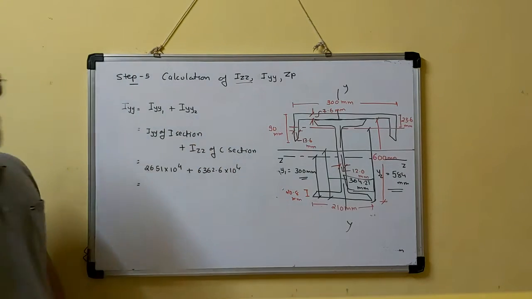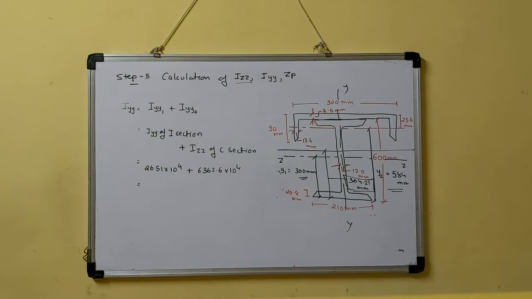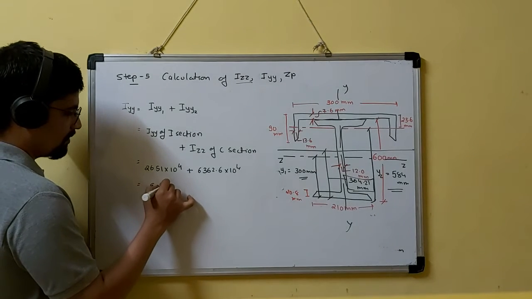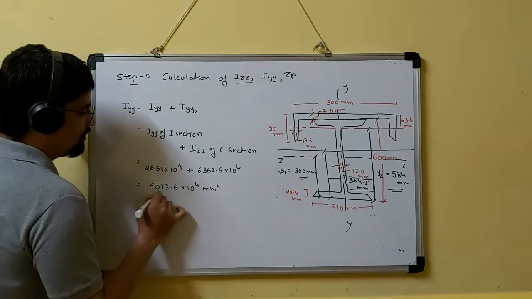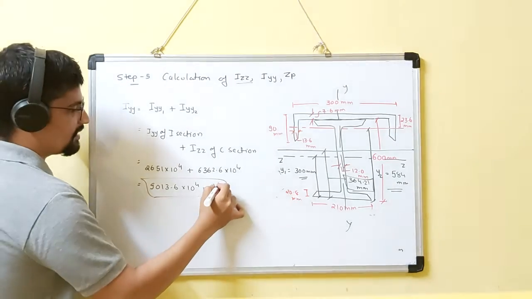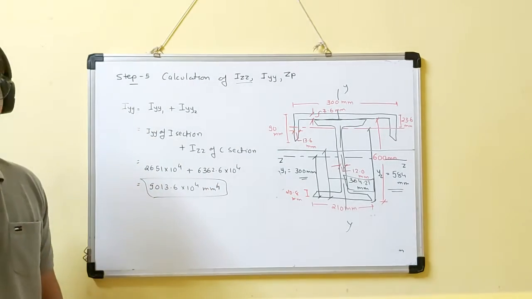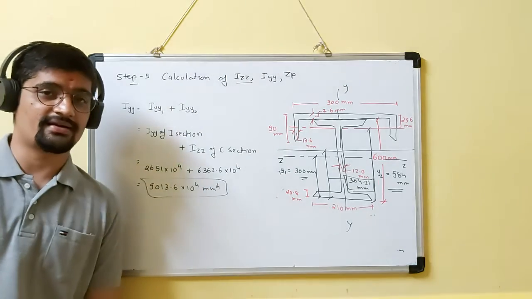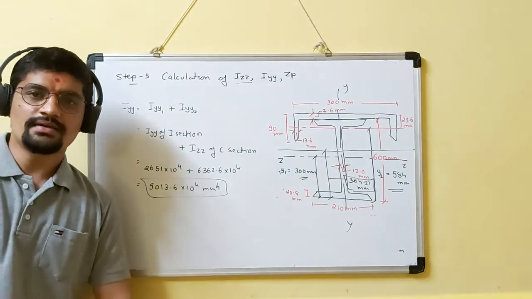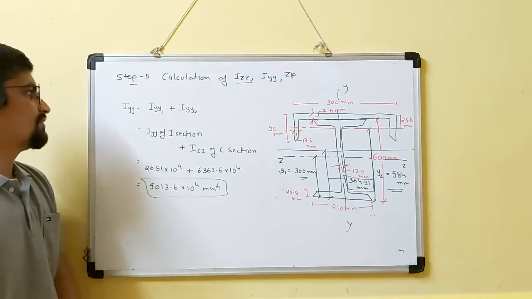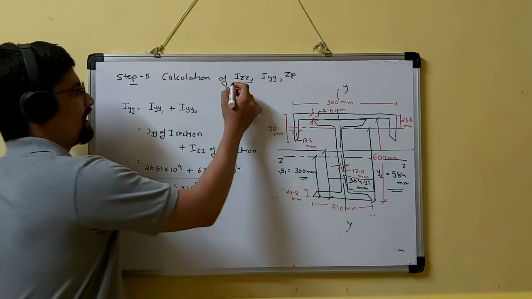So the total will be 9013.6 into 10 raised to 4 mm4. It is easy. It is not as lengthy or difficult as IZZ because it is symmetric. Here it is IZZ because we have flipped the C section. Okay, so we have calculated both IZZ and IYY.